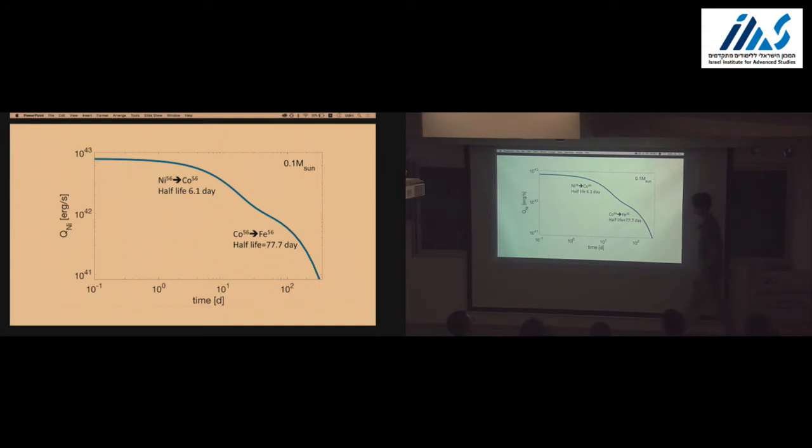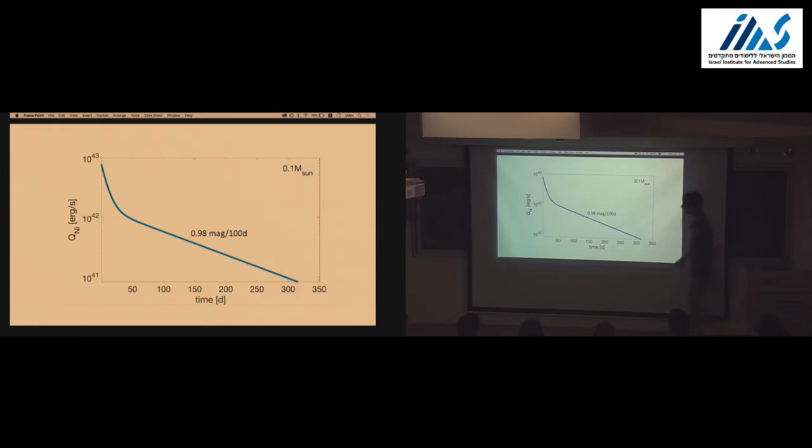And you see that we get at first for 0.1 solar masses about 10 to the 43 ergs per second. On a time scale of about 100 days, we get somewhere around 10 to the 42 ergs per second. This is for a 0.1 solar mass. So now we have an additional source of energy that goes into our system. This is again in log-log.